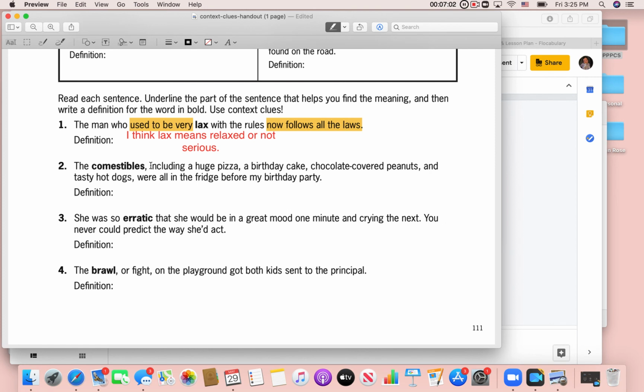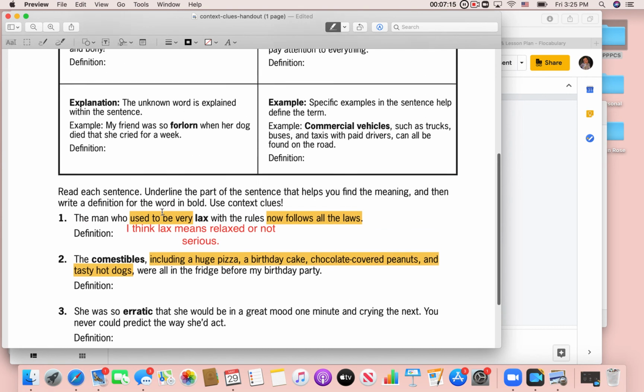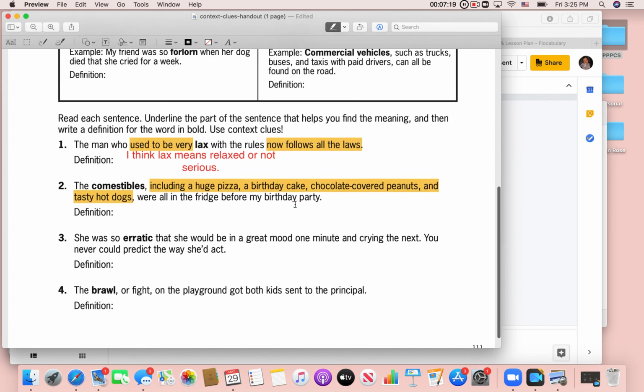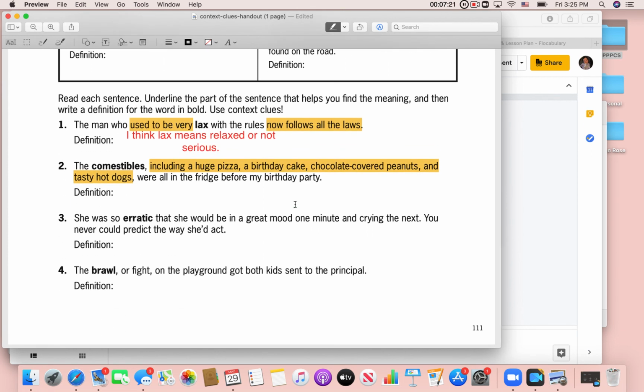So here, I think we have a few examples of what comestibles are. We have a huge pizza, a birthday cake, chocolate-covered peanuts, and tasty hot dogs. That's using an example. Specific examples in the sentence help define the term. So using those examples, what do you think comestibles means?